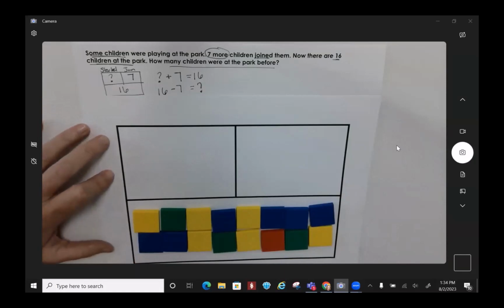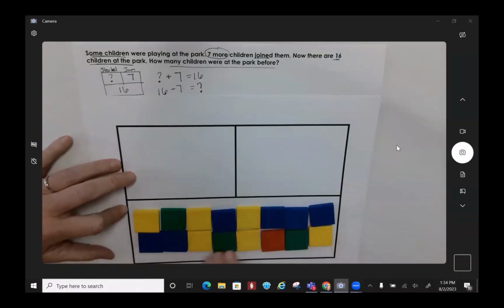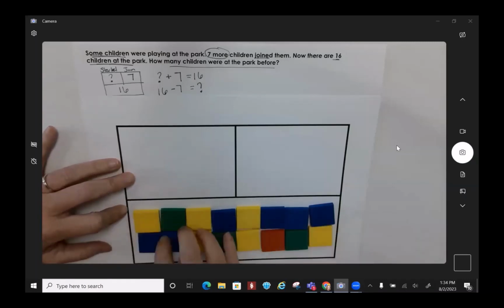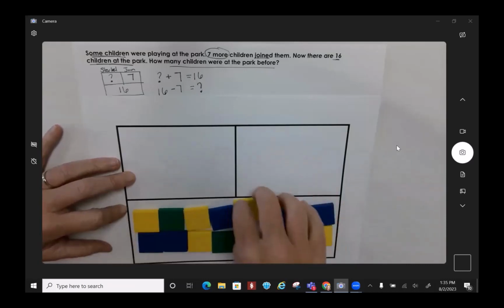So you can see that I've already placed my 16 total children in the whole. And I know that I'm going to think about these children and how they're going to be split into my parts. So I know that I had 7 children join. So out of these 16 children, 7 children are the ones that joined.